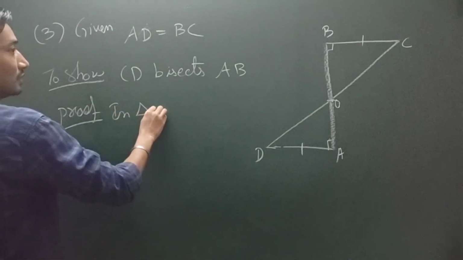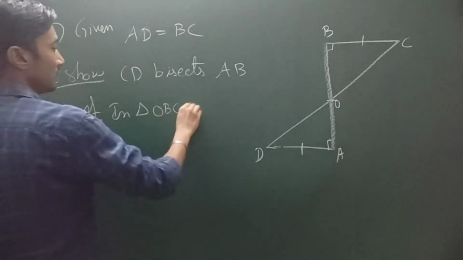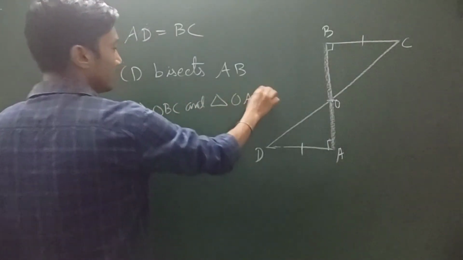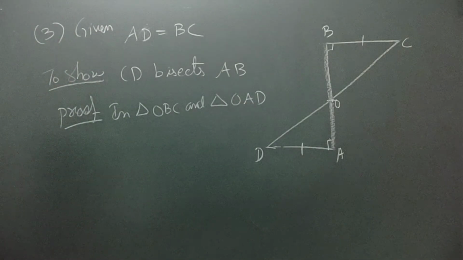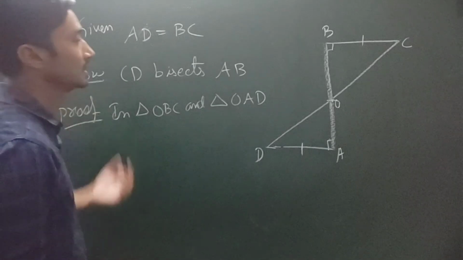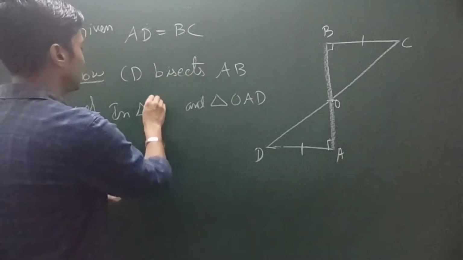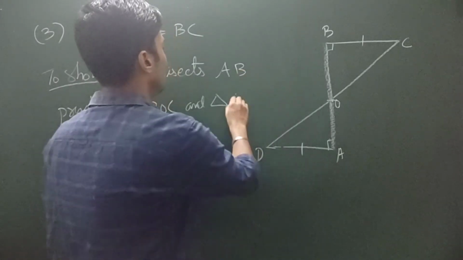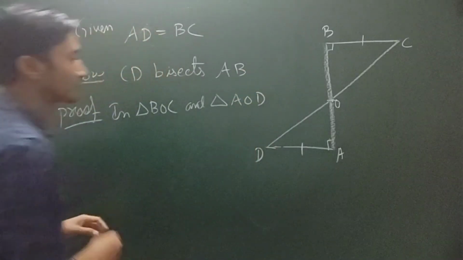In triangle OBC and triangle OAD, or AOD, BOC, whatever it be, let me just write like this: BOC, AOD. Anything same?